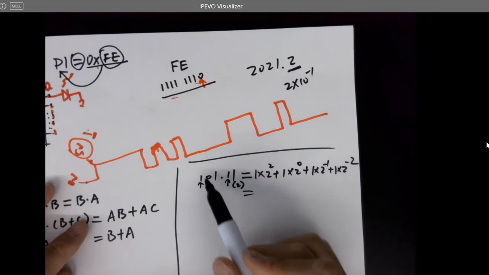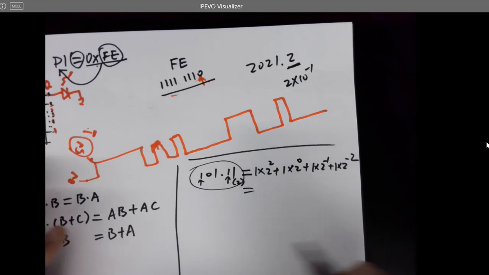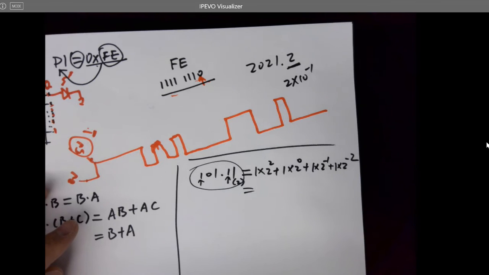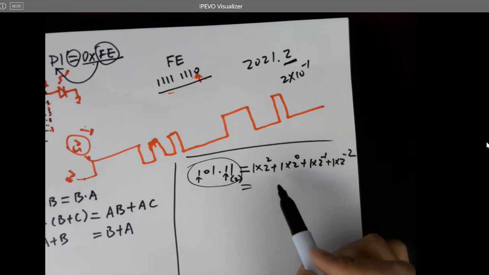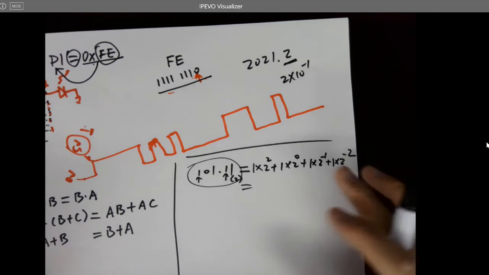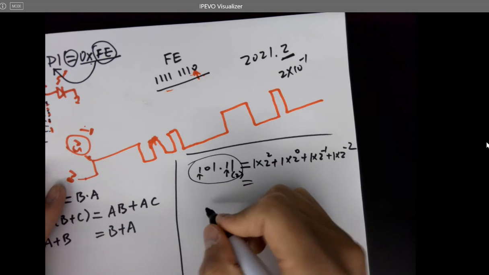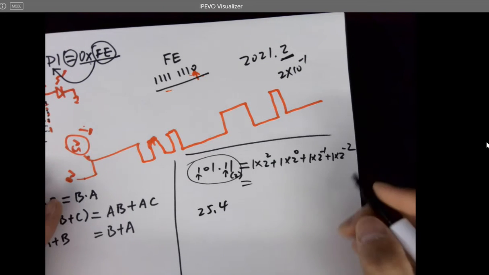So this is binary to decimal. What about from decimal to binary though? 25.4. How to convert it into binary?